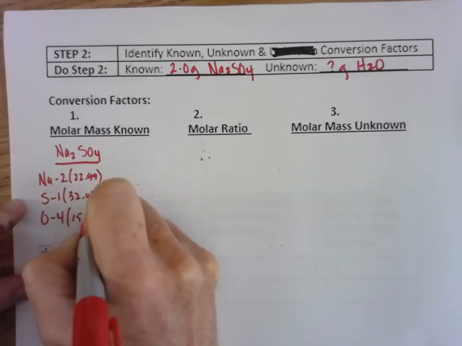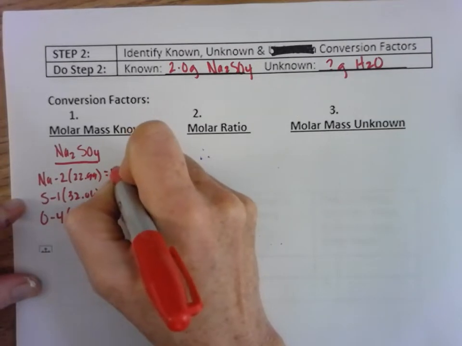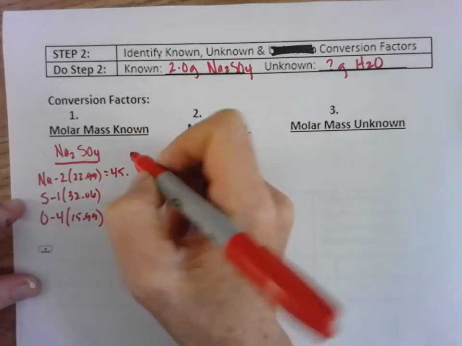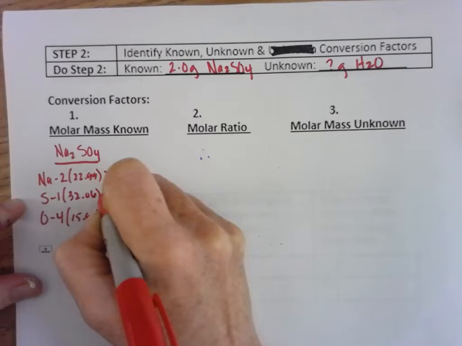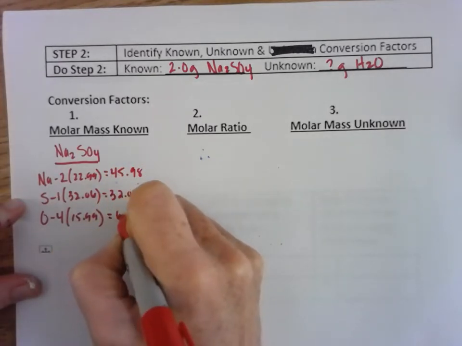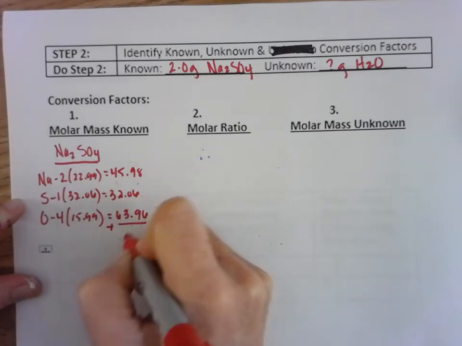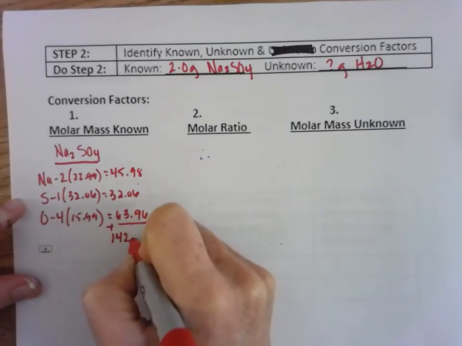Hopefully you know where I'm getting those and what I'm doing. When I did this, I got 45.98. This one I can do just like that. And 63.96. I add that up and I got 142 grams per 1 mole.